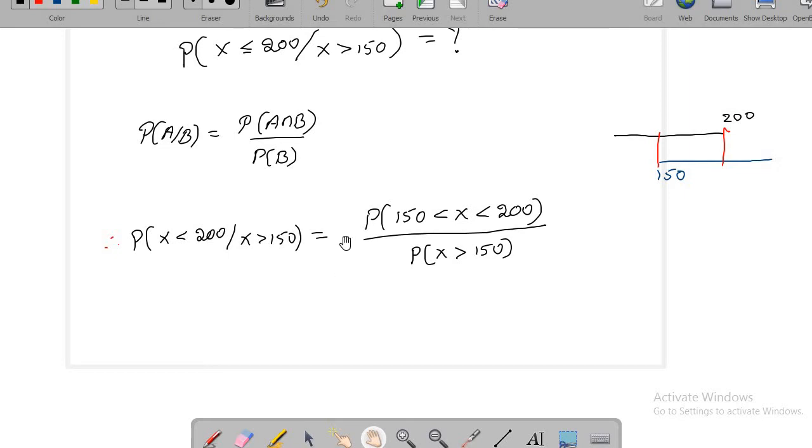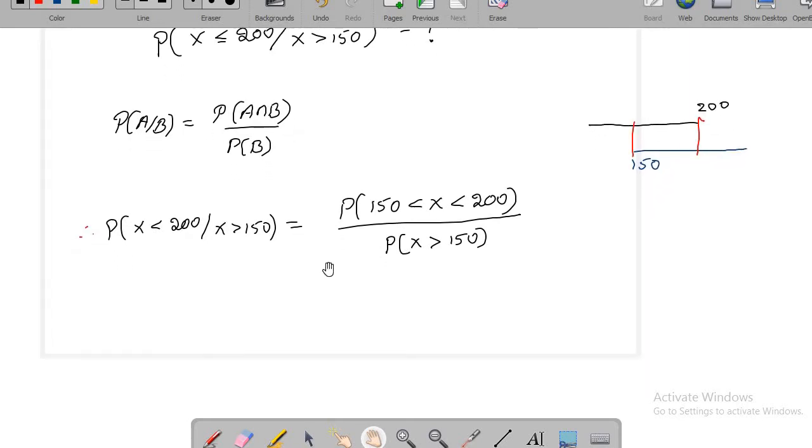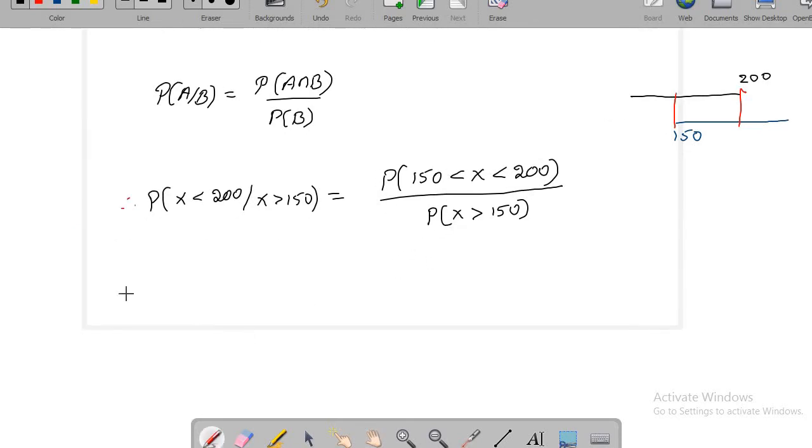Do you agree? So we already know what is probability that x greater than 150. That is 2/3. We calculated it, and it is enough to calculate the first expression, so the numerator expression. So let me do that.